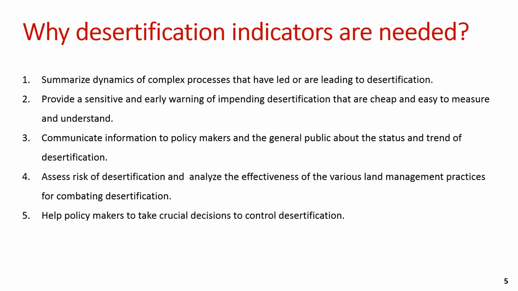So when you use indicators, they break the complexity down and tell you what is exactly happening, whether your land is degrading or not, whether it is under high sensitivity to desertification or not. And by doing so, from the indicators we can get an early warning about the problem.